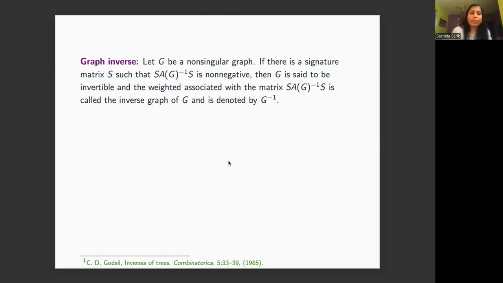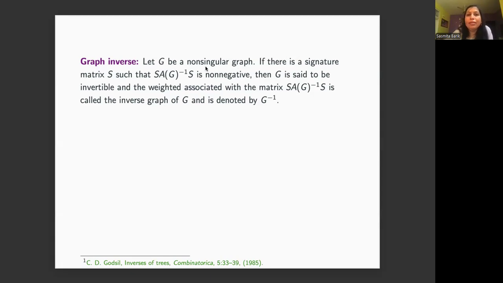graph inverse. Graph inverse is defined in this way: if you are considering a non-singular graph, that means A_G is non-singular, then we can ask what is A_G inverse. If the determinant is plus minus 1, then A_G inverse will have integer entries, but it can have negative entries also.